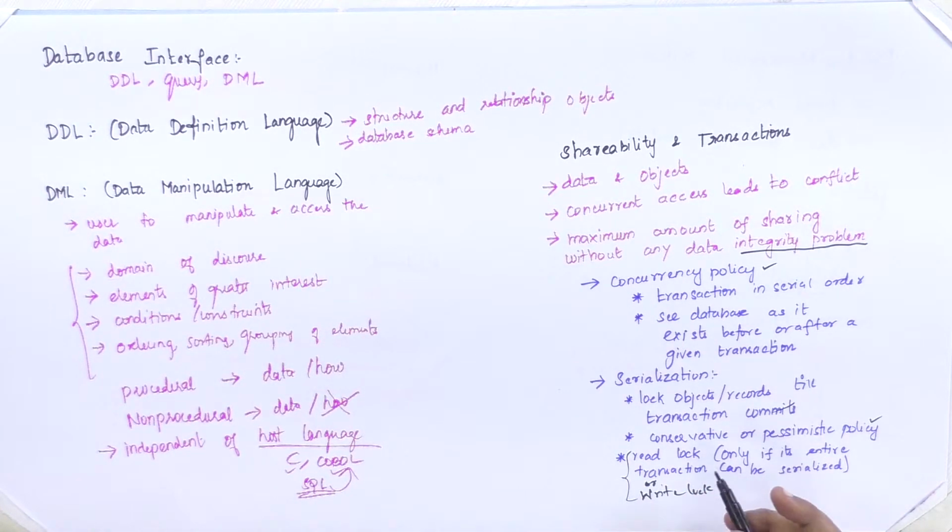The reverse also applies: if you have applied a read lock over a data item, you can apply a write lock on it only if the entire transaction can be serialized, or else you cannot apply a write lock.